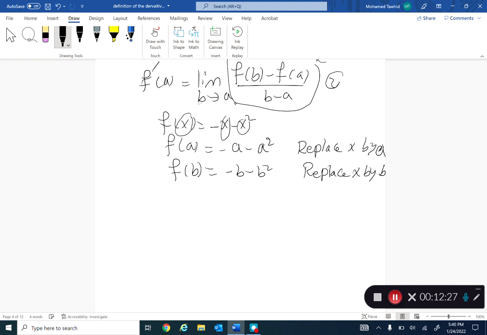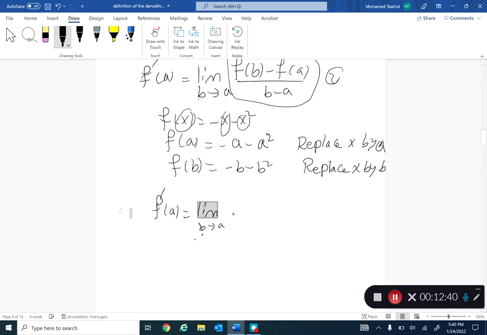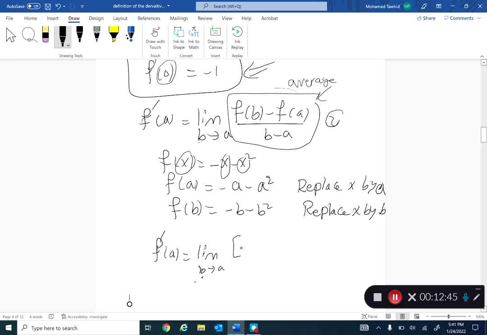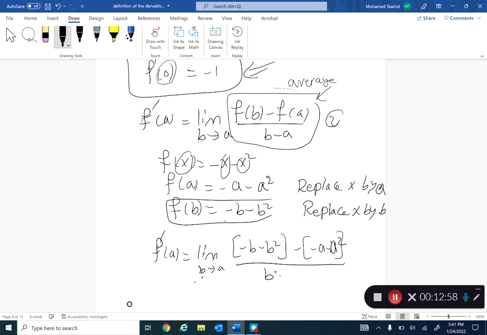So f prime of a will be the limit as b goes to a of open bracket f of b, negative b minus b squared, close the bracket, minus f of a, which is negative a minus a squared, the whole thing divided by b minus a.